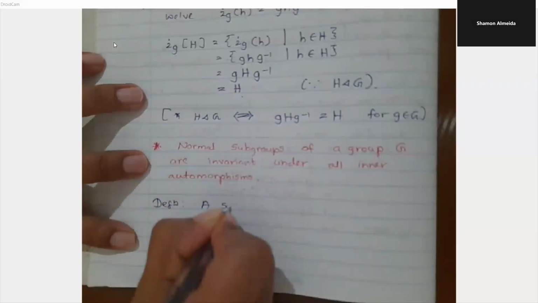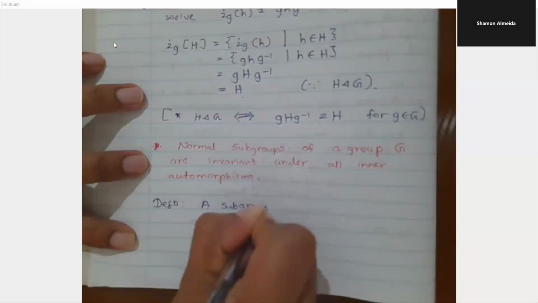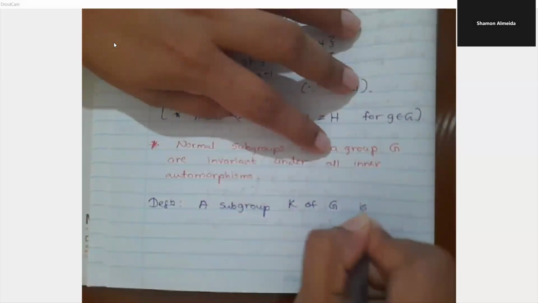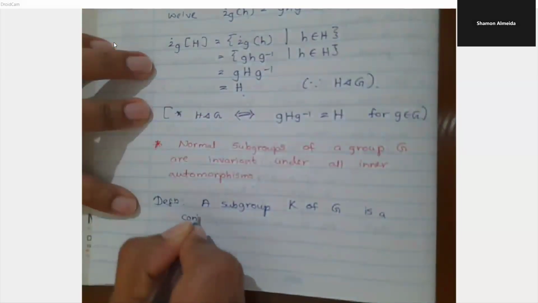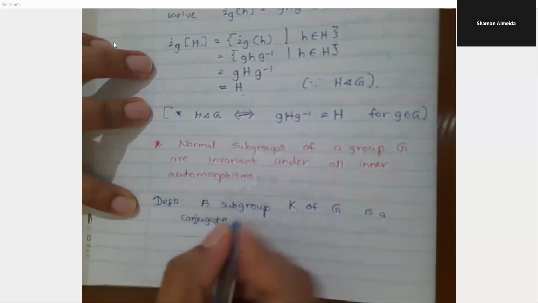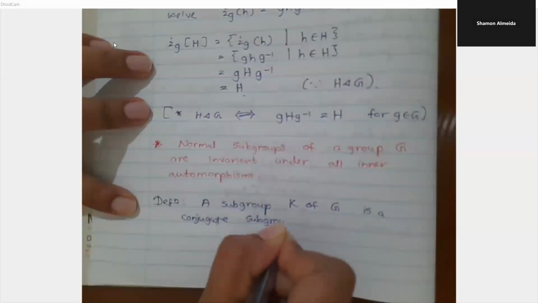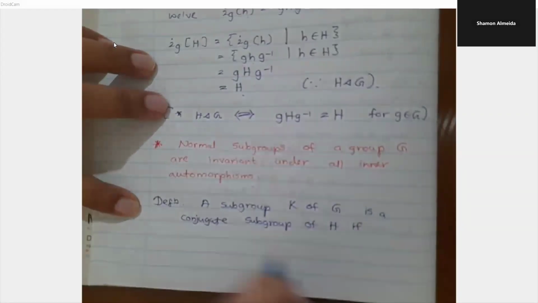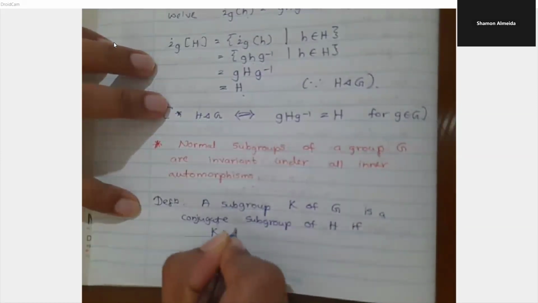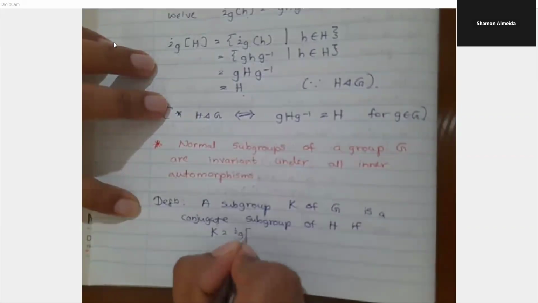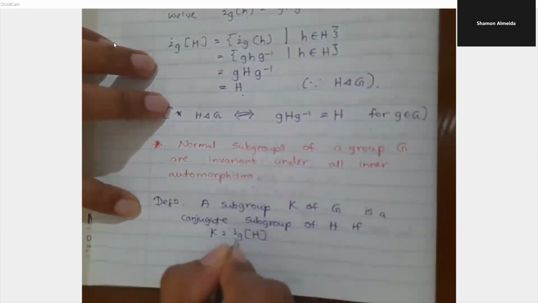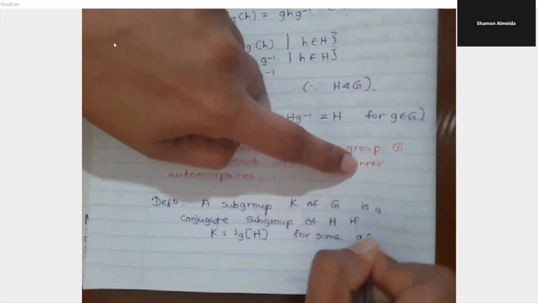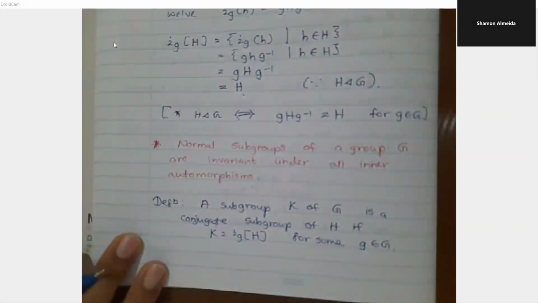A subgroup K of G is a conjugate subgroup of H if K is equal to the image of H under this inner automorphism for some element in G. For some element in G.